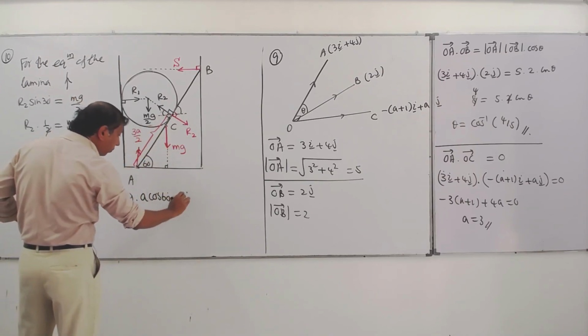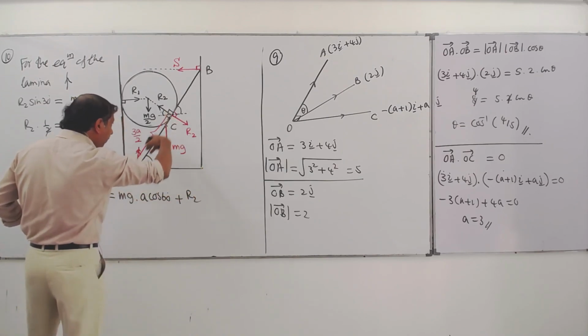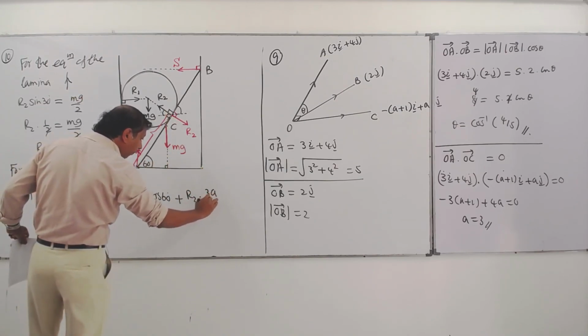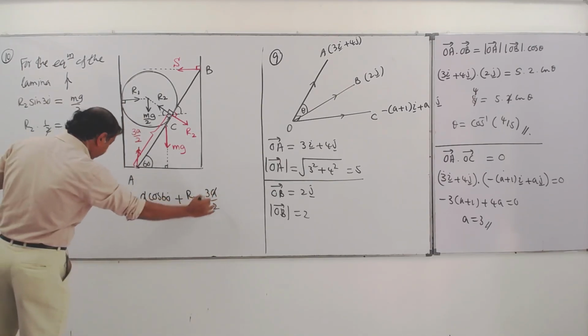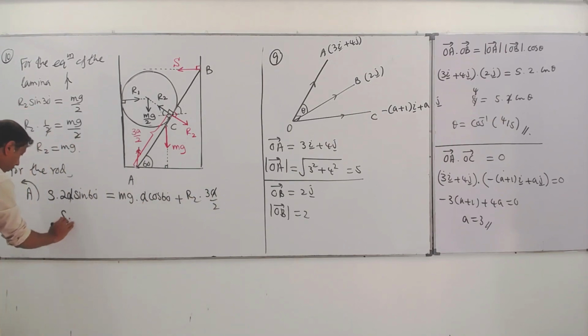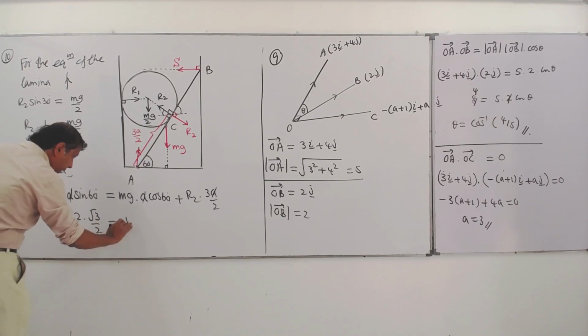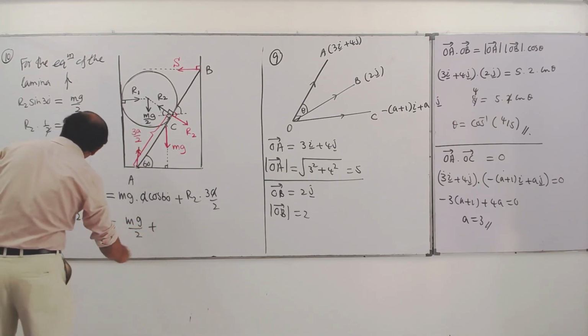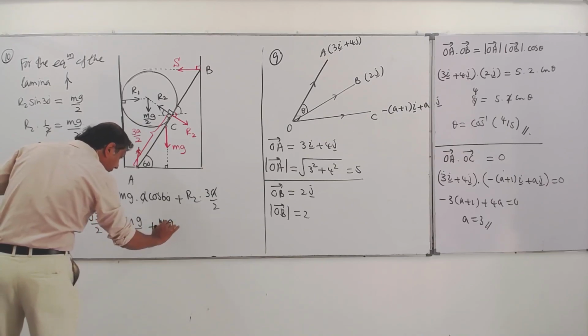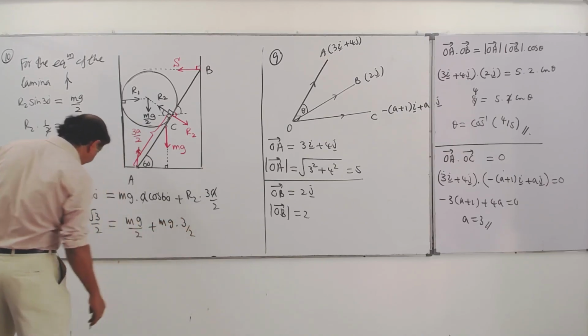Then the moment of R2 clockwise, the length is 3a by 2, the AC length. Right. Now, a you can cancel down. S into 2 sine 60, root 3 by 2. mg cos 60 is half, mg by 2. R2 is also mg, people, times 3 by 2.